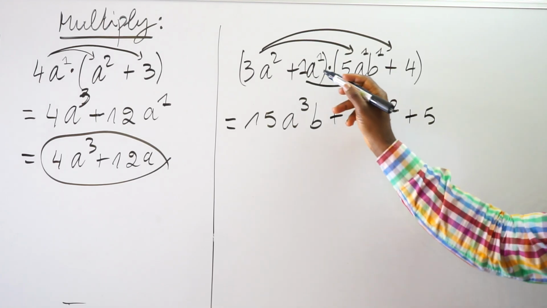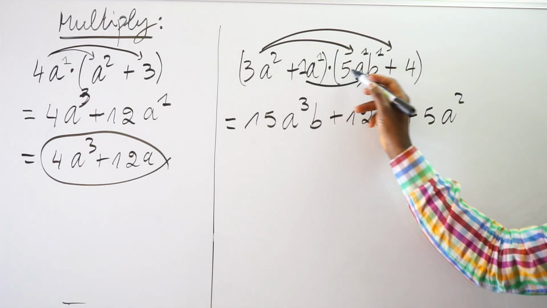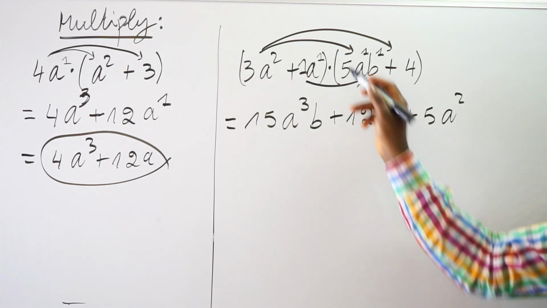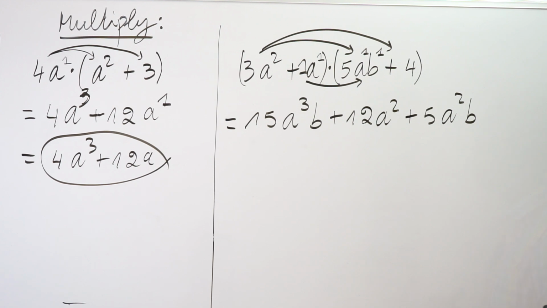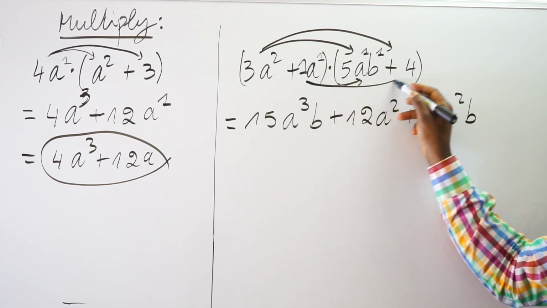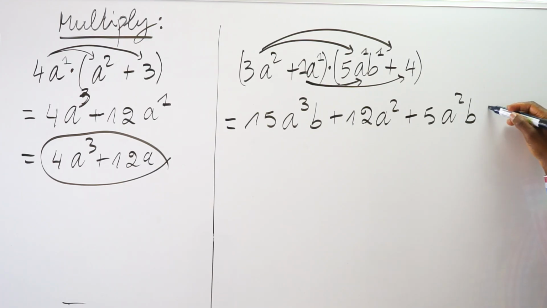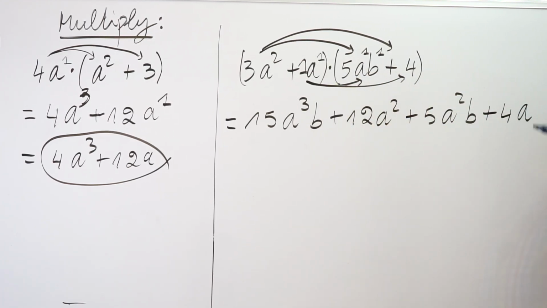And then a power 1 times a power 1 is going to be a power 2, because remember, when you multiply the base, you add the powers. So 1 plus 1 gives you 2. Then the b is going to come back. And then the last thing here, 1a times 4. 1 times 4 is going to give us 4, and a stays. So this is what we have.